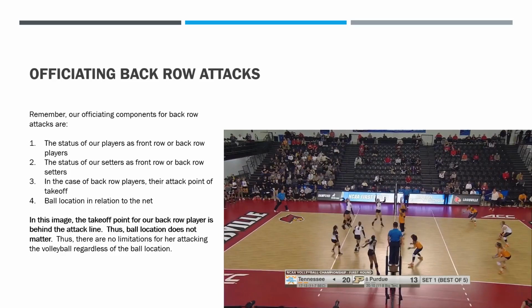In this particular image, similar to the image we viewed in the previous slide, the takeoff point for our back row player is behind the attack line. Thus, the ball location does not matter and there are no limitations for her attacking the volleyball.